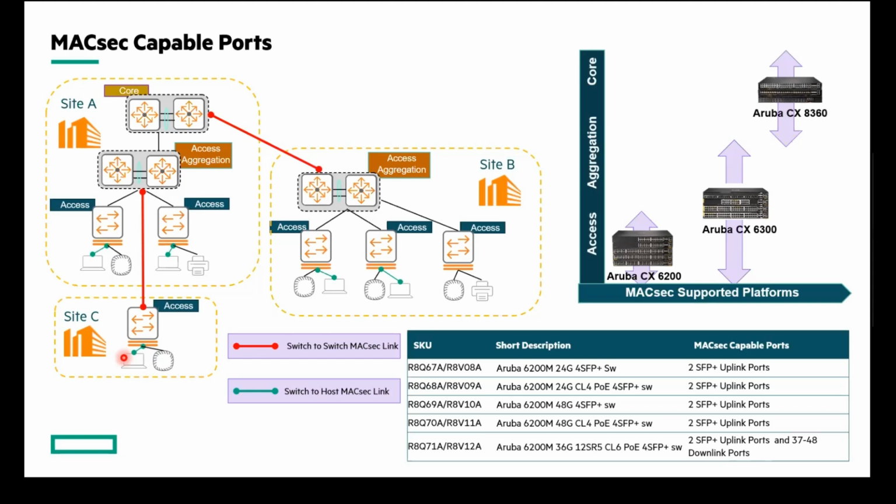Hence, switch-to-host MACsec can be the first level of encryption we can start with for protecting our access network. Then when the data traverses between the switches, we can use switch-to-switch MACsec. So this is the overall picture of the MACsec portfolio for our CX 6200 switch series.